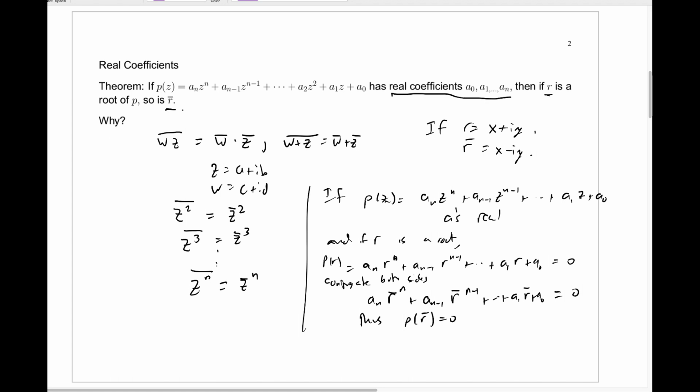We didn't need a theorem like this to deduce that. We just had the quadratic formula. But what this theorem tells us is that the same idea that complex roots come in conjugate pairs works for higher order polynomials just as well as for quadratics.